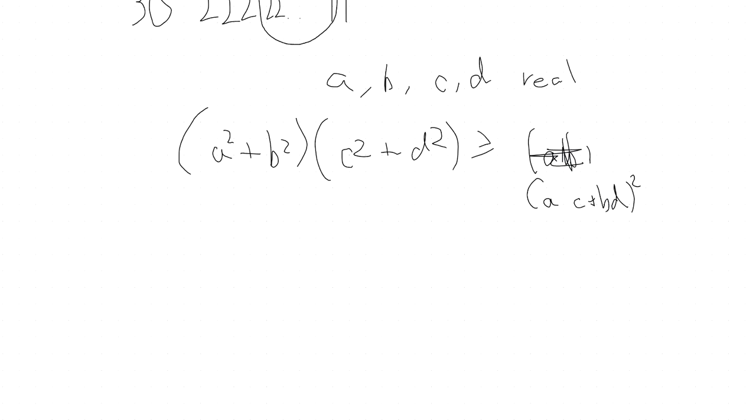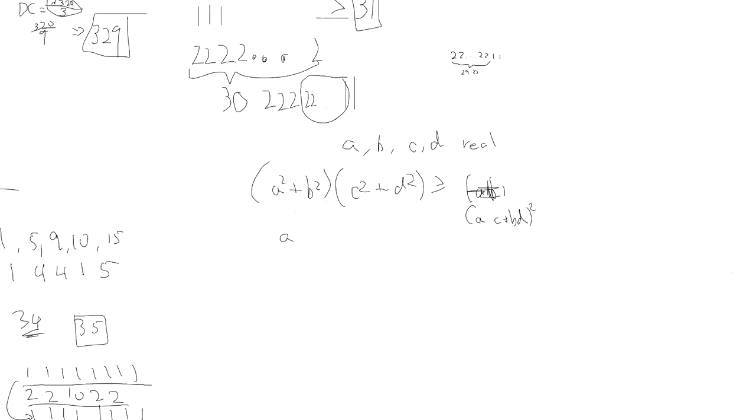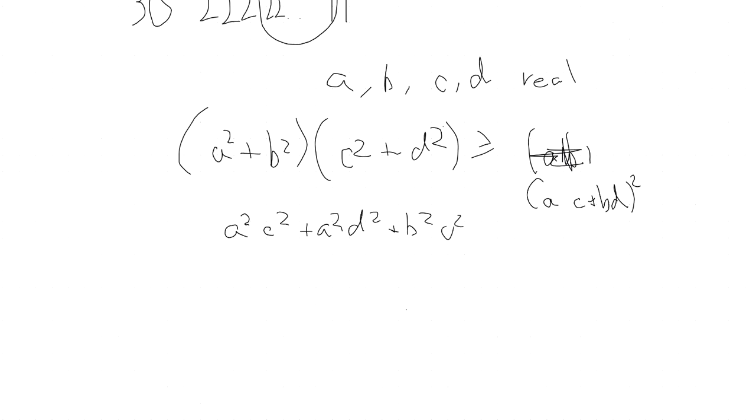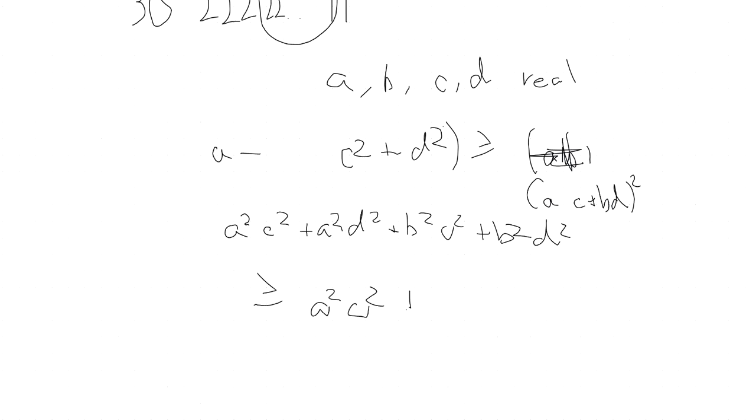Now proving this is not that bad. You can just expand the whole thing, and then you get A squared C squared plus A squared D squared plus B squared C squared plus B squared D squared is greater than A squared C squared plus 2ABCD plus B squared D squared.